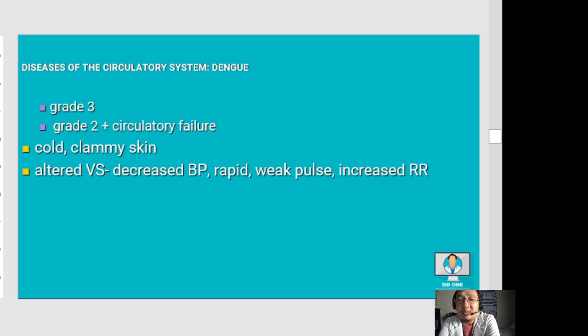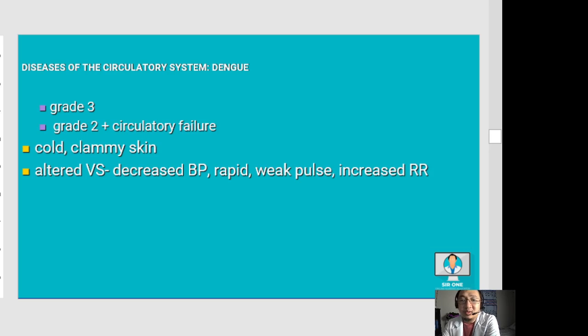Some of the manifestations are cold, clammy skin, altered vital signs already, decreased blood pressure, rapid pulse rate, increased respiration. And these vital signs are suggesting an impending hypovolemic shock.